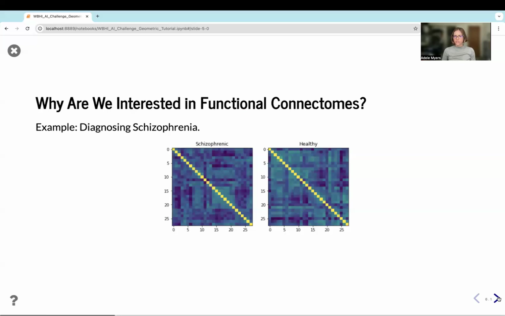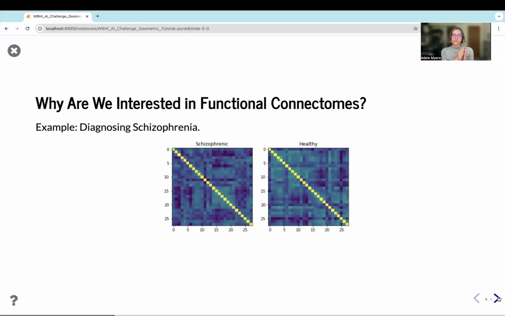So why are we interested in functional connectomes? The running example that we're going to use is diagnosing schizophrenia. Here we see our first image of what a functional connectome could look like, and we see that it can be seen kind of like a matrix. On what could be called the x-axis, we see the 0 through 25 markings.